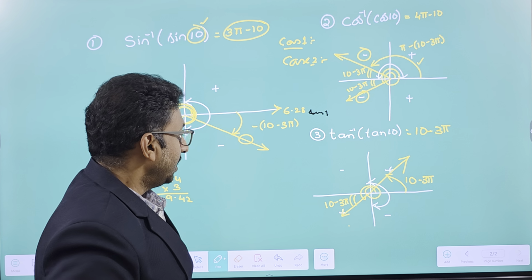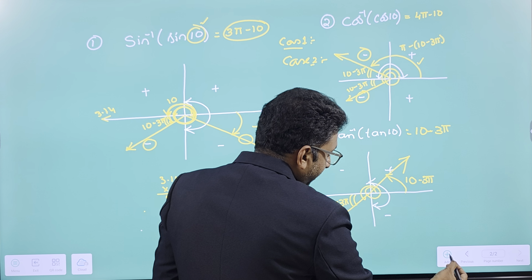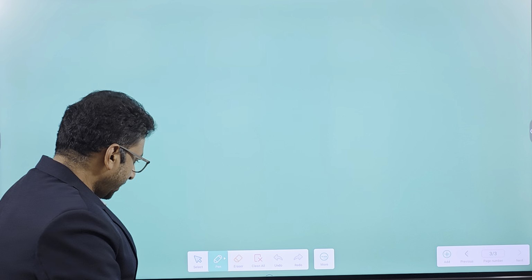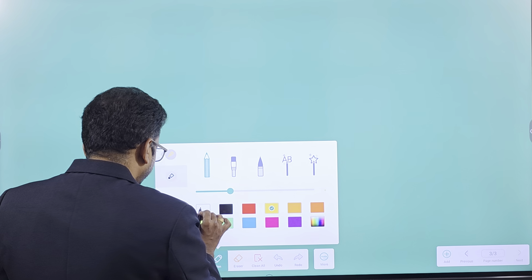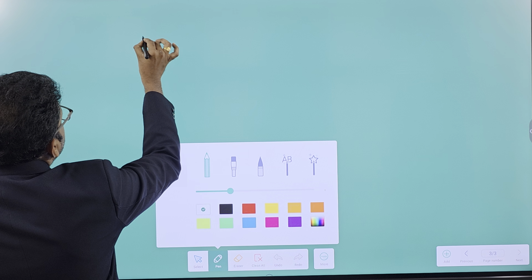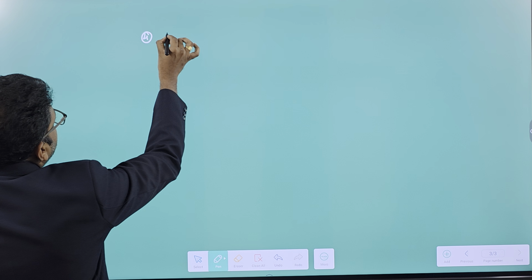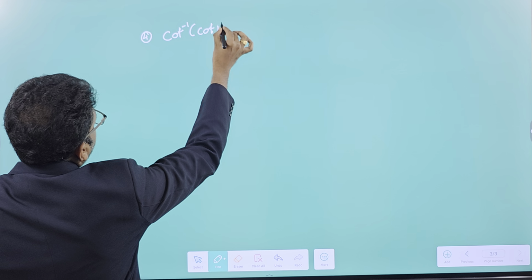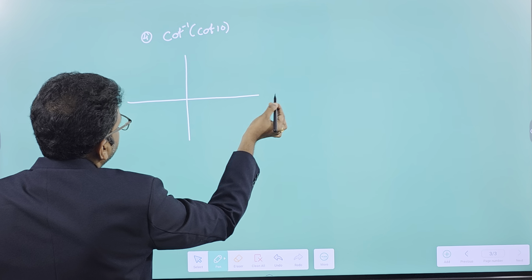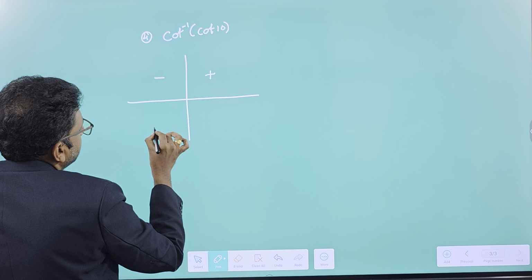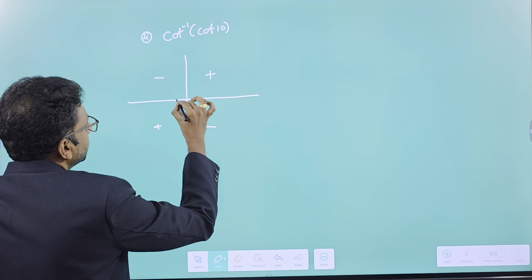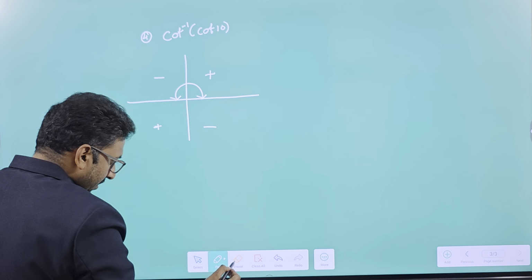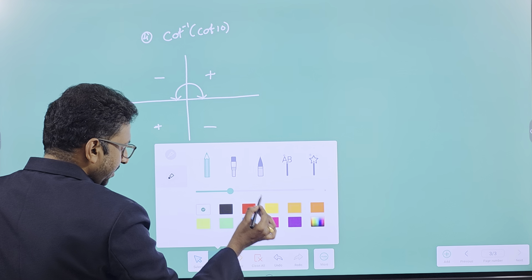Let us go for one more example, the fourth: cot inverse of cot 10. What is the quadrant diagram for cot? Plus, minus, plus, minus. So this is the range corresponding to this. Now let us get the ray.